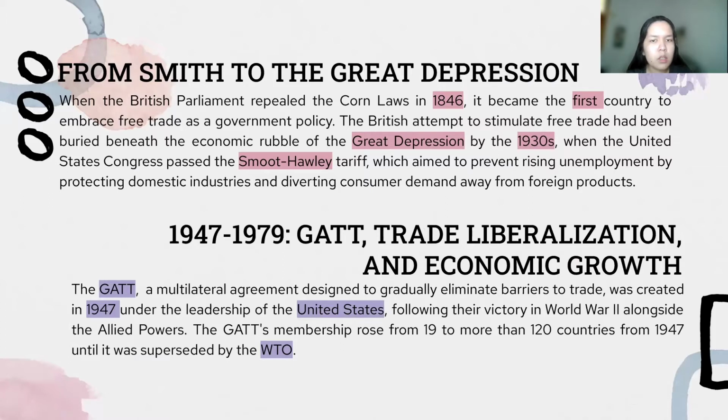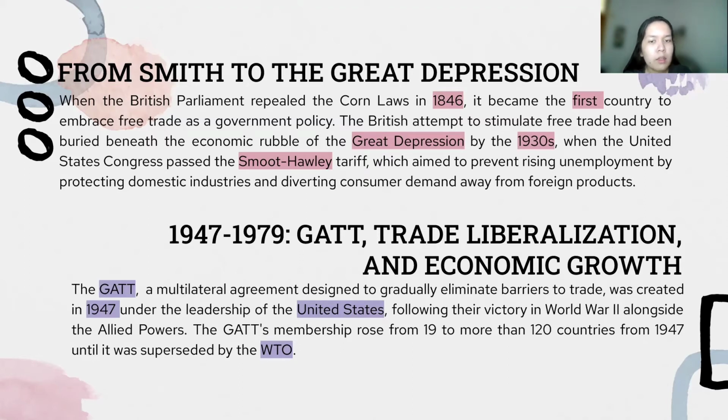The British attempt to stimulate free trade had been buried beneath the economic rubble of the Great Depression by the 1930s. The Great Depression had roots in the failure of the world economy to mount a sustained economic recovery after the end of World War I in 1918.